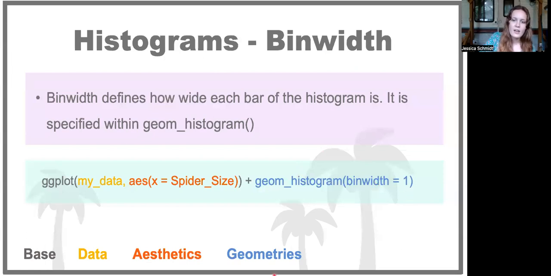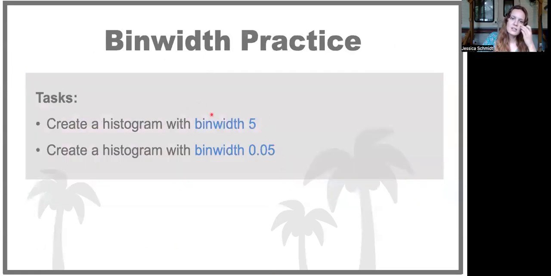And when you're done that, I want you to see a bin width of 5 and a bin width of 0.05. I really want you guys to get an idea of why it's important for us to specify bin width and which bin widths can be best for actually visualizing our data. I always want to manually choose these when I'm creating histograms to make sure that I'm creating the most useful and informative histogram that I can.